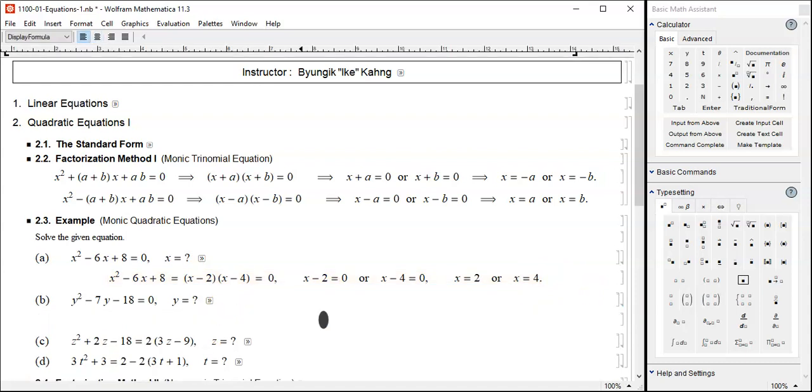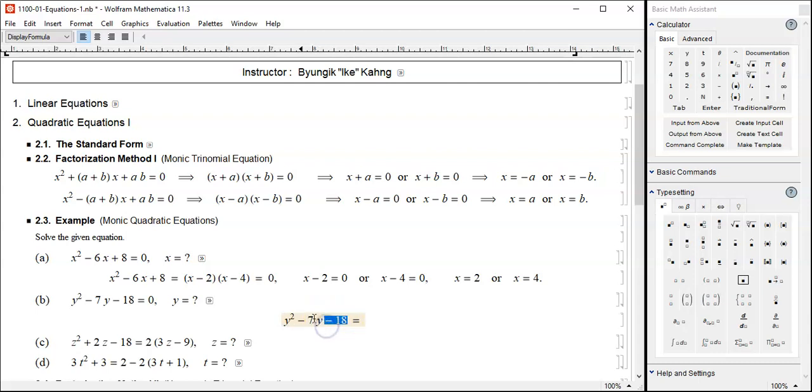How about the next problem here? Similar. Factors of -18 that are adding up to -7. What do we have? y squared minus 7y minus 18 is equal to 0. But how do we factor?